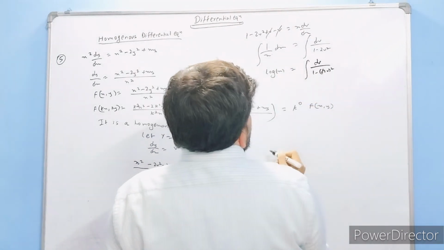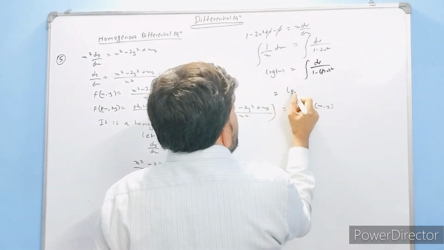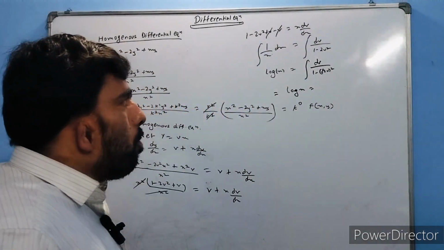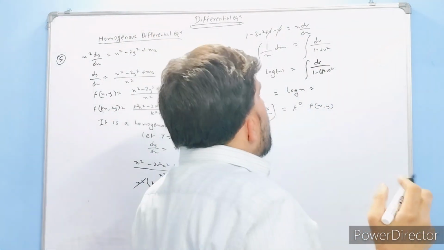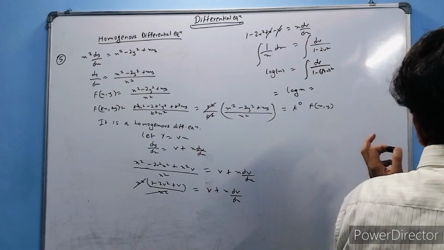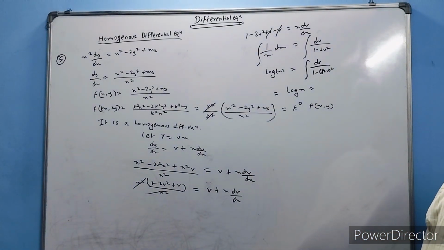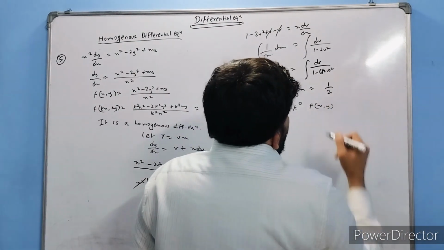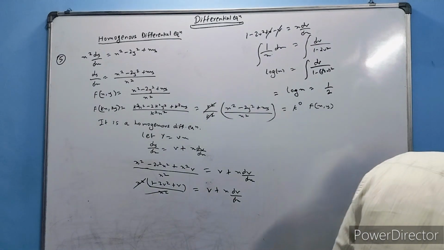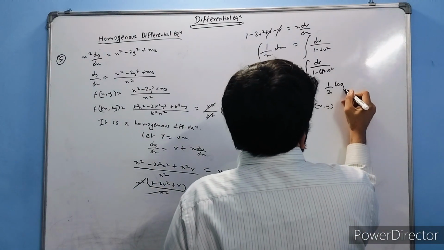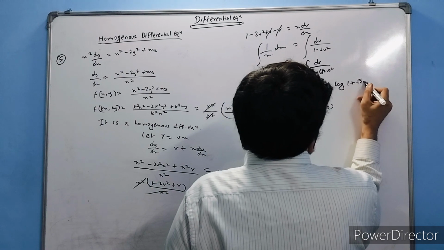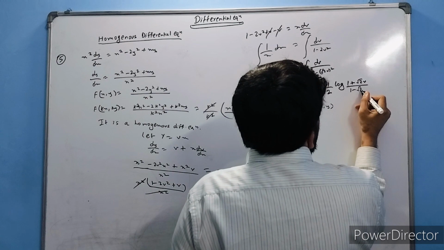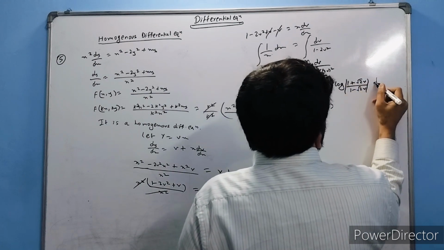We have log x is equal to, we'll use the formula for the integral of dx upon a square minus x square, which is 1 upon 2a log of (a plus x) upon (a minus x), plus c. Okay, so we have this plus c.